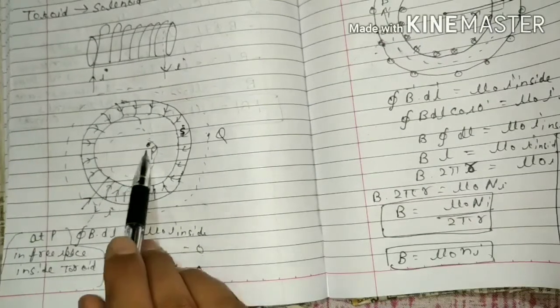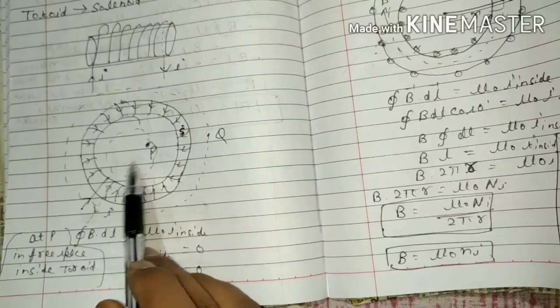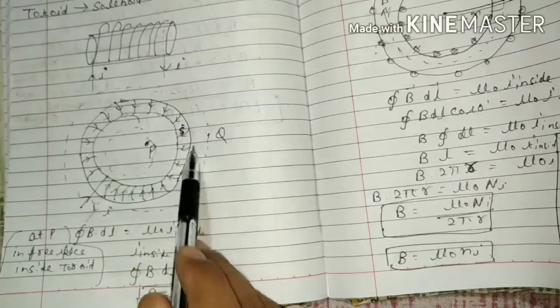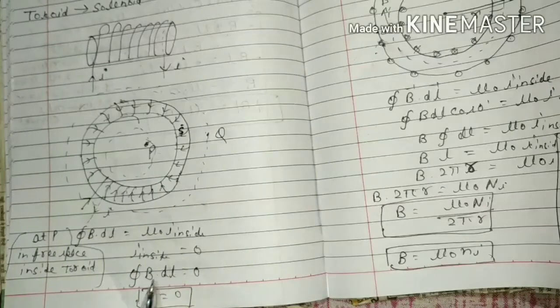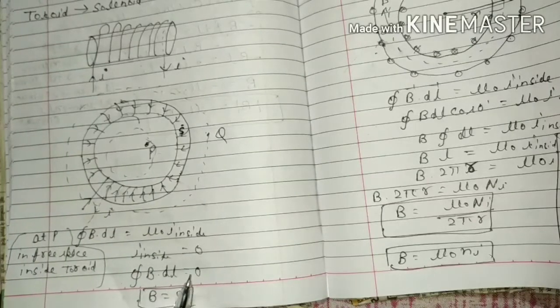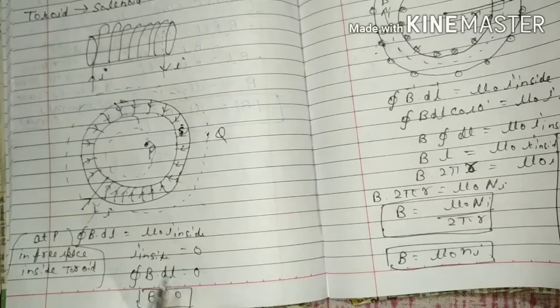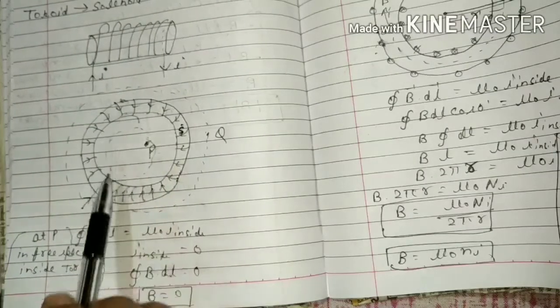Here the current passing inside the loop is 0, so this term is 0. Integration of B dot dl is 0, therefore B is equal to 0. So we can say the magnetic field inside the toroid is 0.